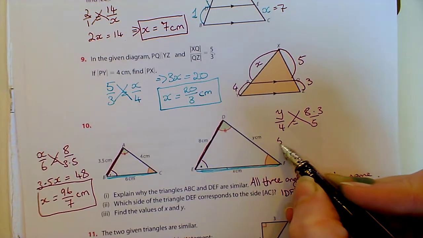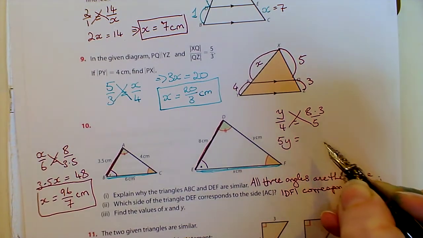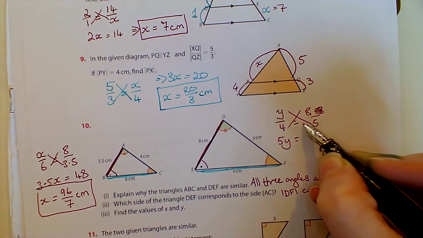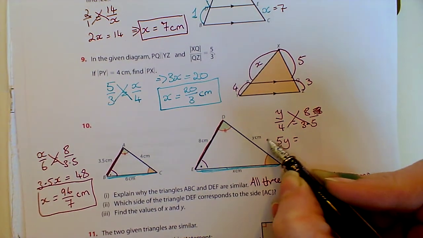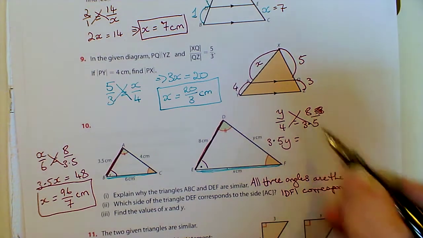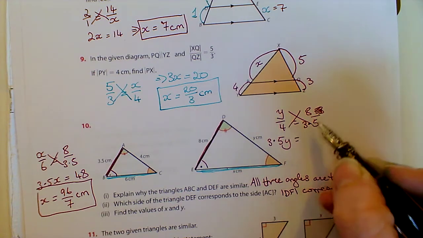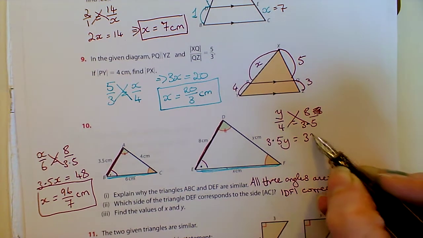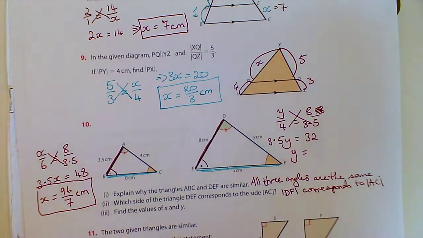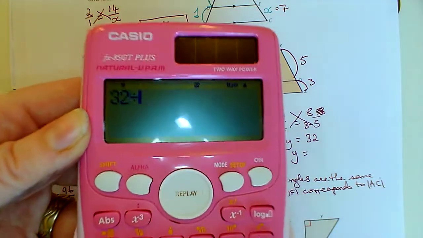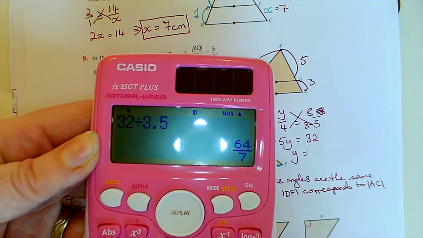And I cross multiply: 3.5y, I don't know why I wrote down what I did there. So 3.5y is equal to 4 by 8, which is 32. And y is 32 divided by 3.5, which is 64 over 7.